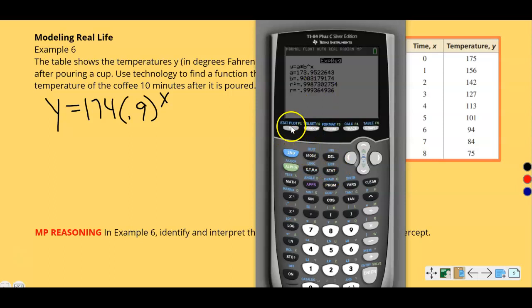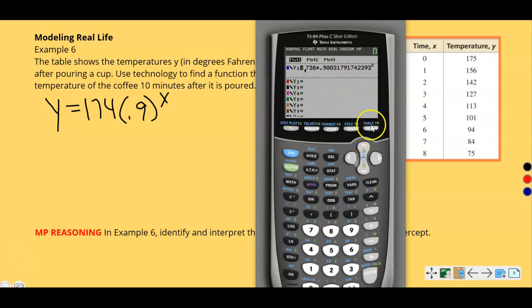So let's go to y equals, and then I'm going to do vars stat number 5 equation, and it's going to copy that equation over in my y equals, and then hopefully it will graph that, and we can see if that line looks like the scatter plot we drew.